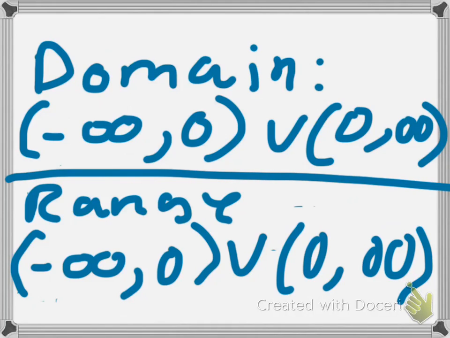Next thing we need to do is find out if our problem is a positive or a negative rational parent function transformation. You can solve for that by using your calculator.